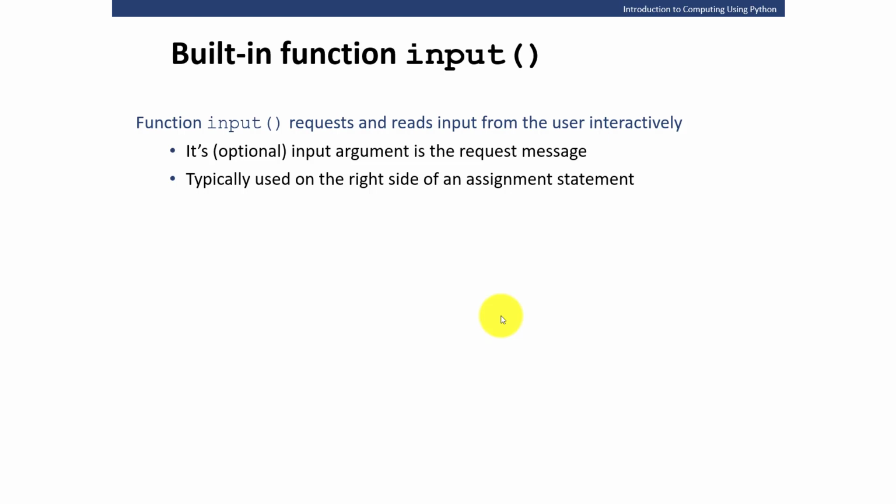This can be done thanks to the built-in function called input. The input function can be used to ask the user to interactively assign the value of a variable, or to input an interactive message to your program.